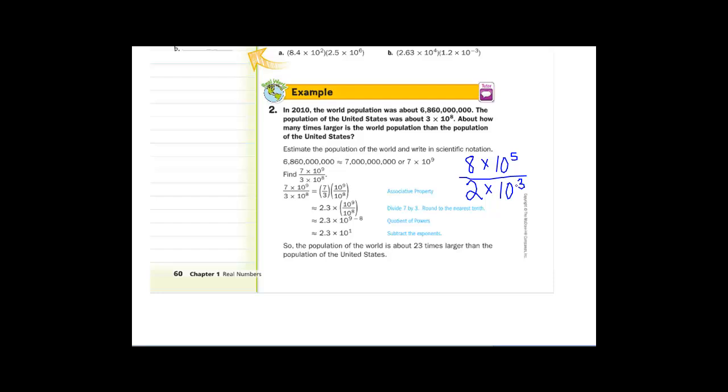If I'm going to divide scientific notation, I'm going to divide these two numbers, 8 divided by 2, 4, times 10 to the, because they're like bases, I subtract the exponents, 4 times 10 to the 2nd. And this is proper scientific notation, because I have a number between 1 and 10. Okay, moving on.